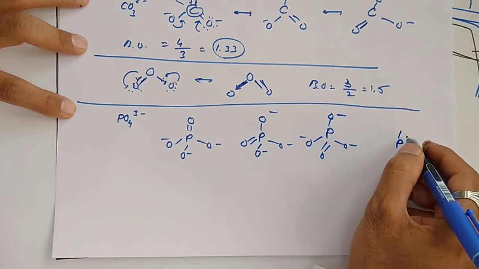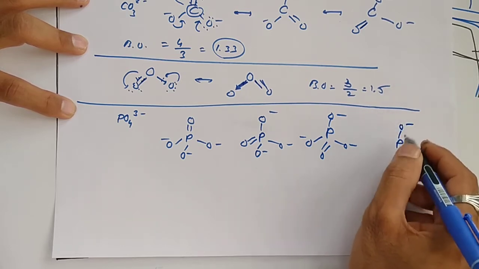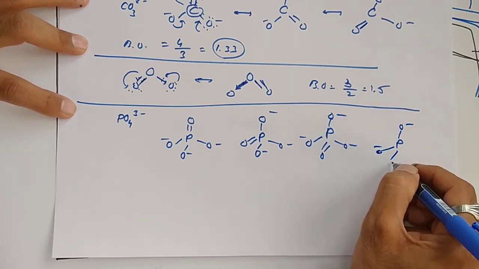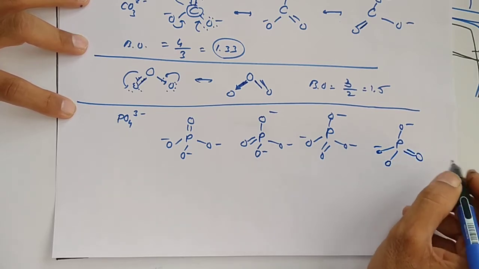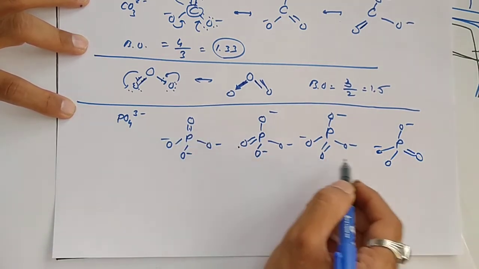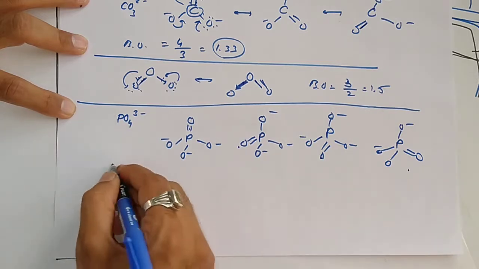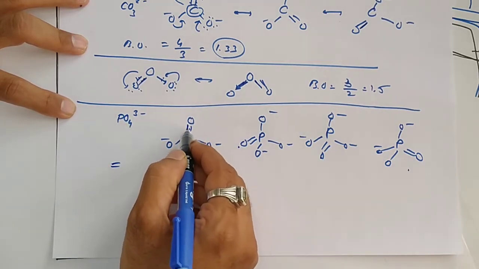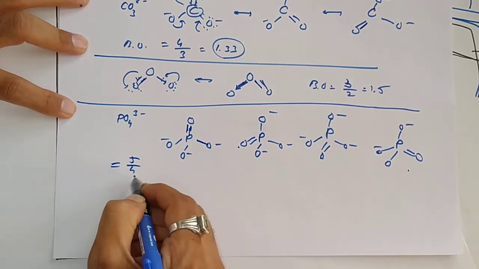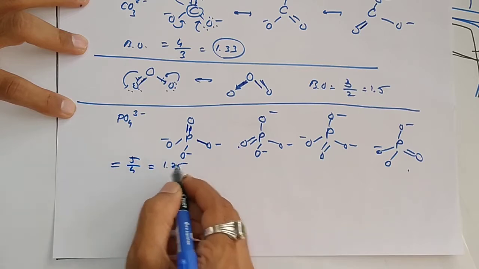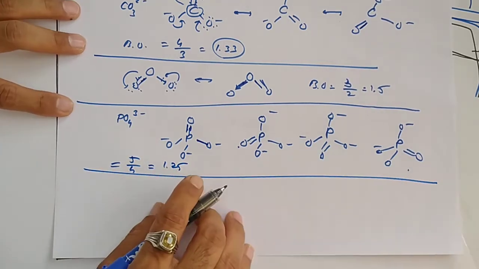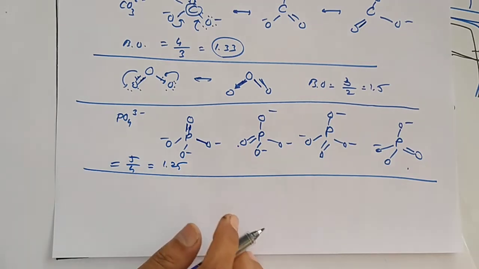The pi bond continuously changes its place on 4 places, 1, 2, 3 and 4. So the total number of bonds is 1, 2, 3, 4 and 5. Divide by 4, so 1.25.